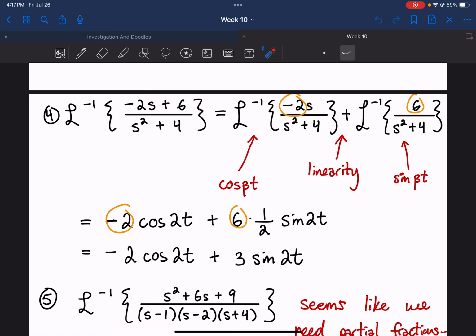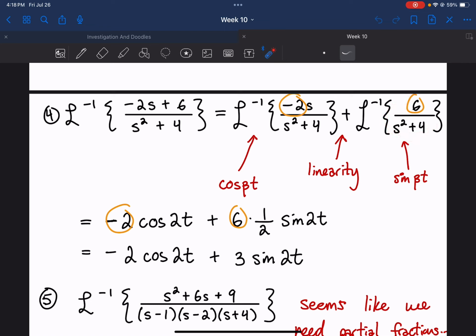Linearity says I can split this over addition. Negative 2s over s squared plus 4 plus Laplace inverse of 6 over s squared plus 4. This looks like a cosine because it's got s over s squared plus something. This looks like a sine because it's got number over s squared plus something.